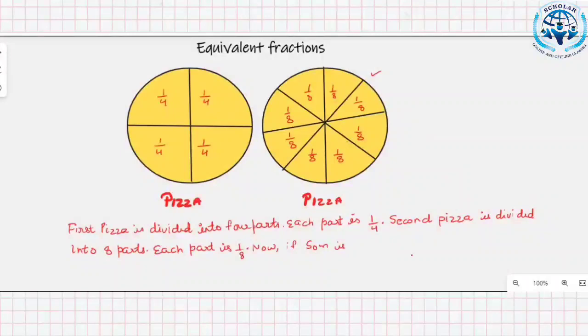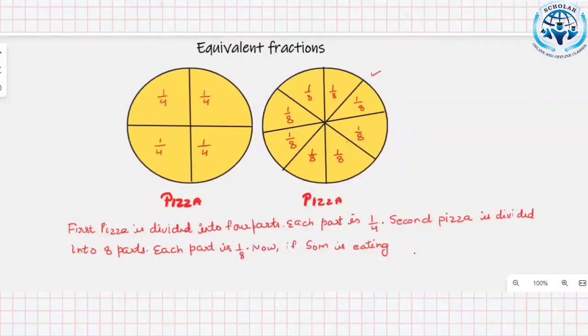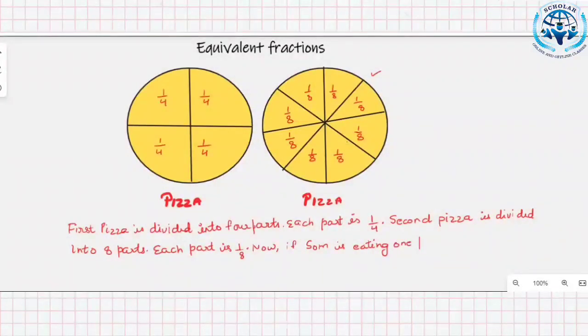Now, if Som is eating 1 by 4 of the first pizza, then this amount is equivalent to 2 parts of the second pizza, because the same amount is divided into 2.